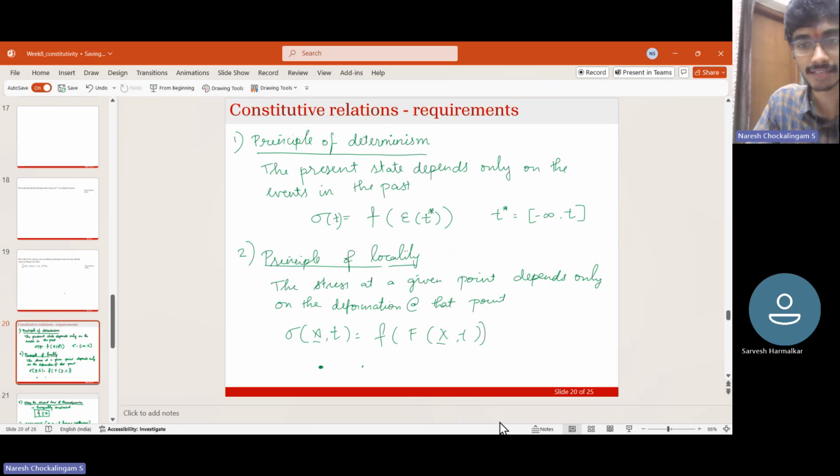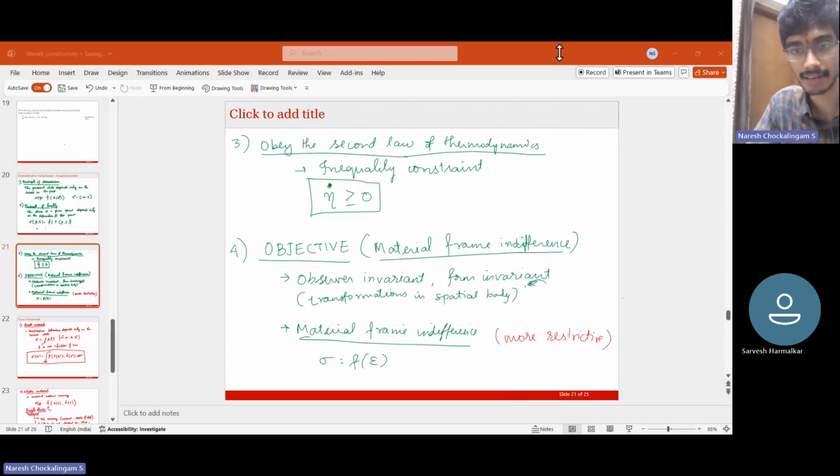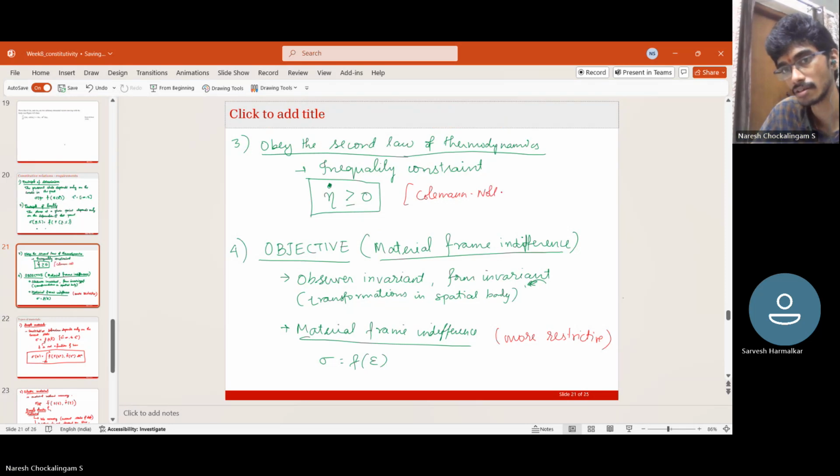Locality, that the stress at a point depends only on the deformation at that point and not any other points. It has to obey the second law of thermodynamics, and this is checked by a procedure called the Coleman-Noll procedure. This is from 1963. And there's also a condition of material frame indifference that has to be respected.